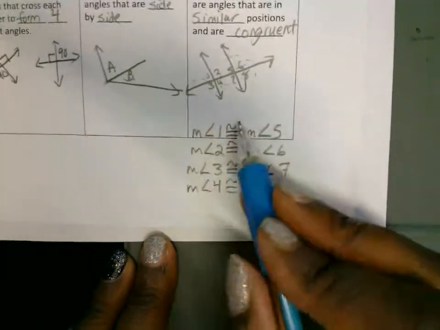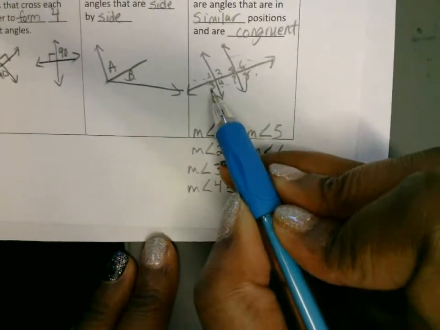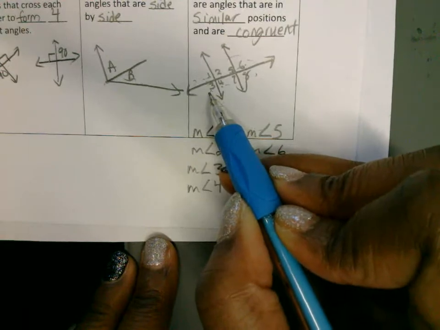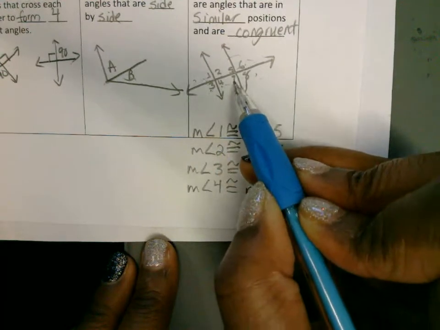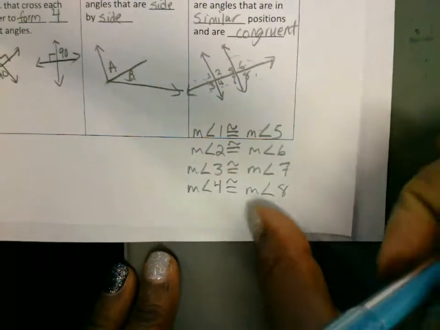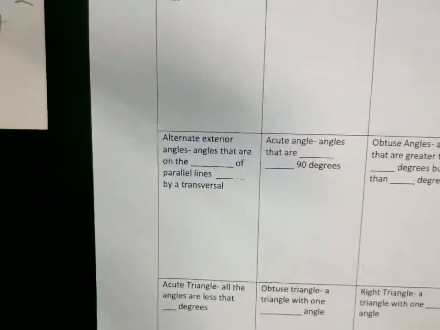These angles are congruent. So if this was 75, then 7 would be 75, and so on and so forth. They are corresponding angles.